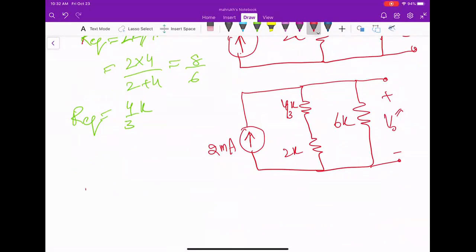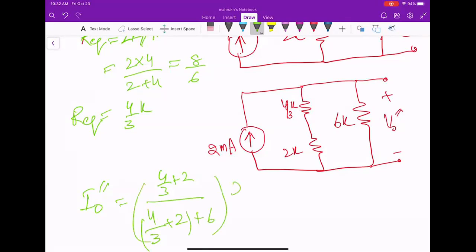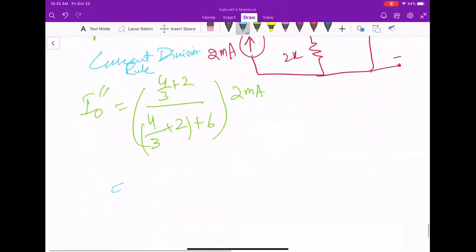So current in that branch will be... Is it right?